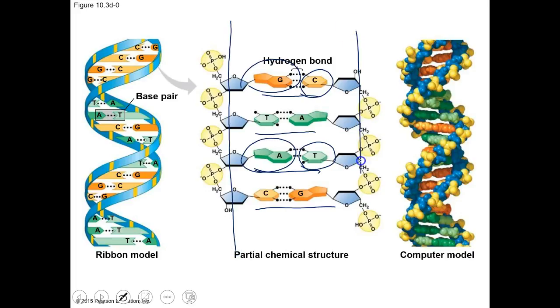So this distance here is always the same. The distance is the same here as it is down here. So that's the idea. And still, we take that and twist it up and you get the model. You could get a ribbon model or the computer space-filling model. It shows us the same thing.